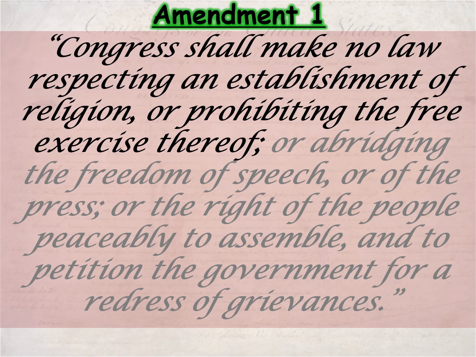Look at the break with the comma. Congress shall make no law respecting an establishment of religion. My darling dears, allow me to introduce you to the Establishment Clause. And the second part, or prohibiting the free exercise thereof, let me introduce you to the Free Exercise Clause. Let's do establishment first.